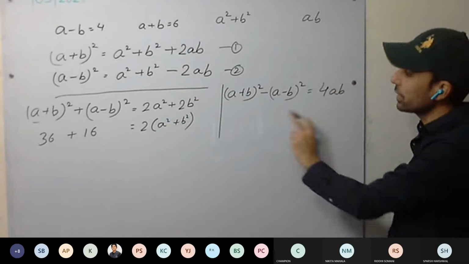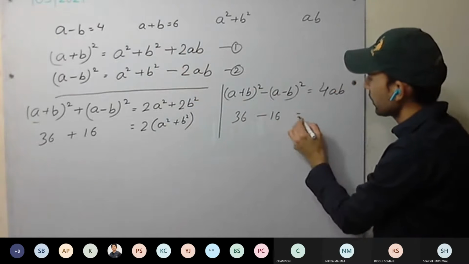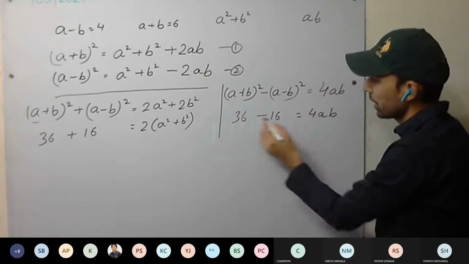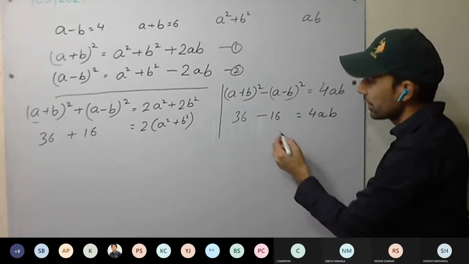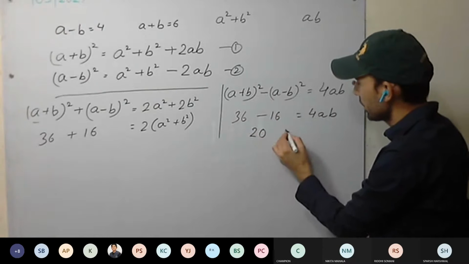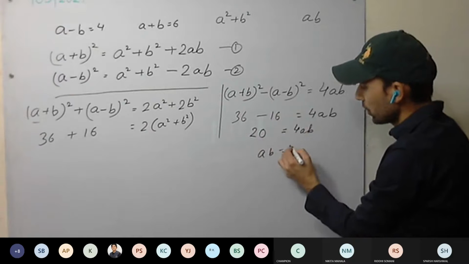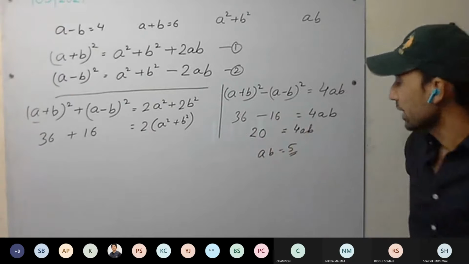Okay, ab we can calculate. A plus b whole square is 36, minus 16 equal to 4ab. How much are we going to get? 20. 4ab equal to 20. ab equal to 5. Is this the answer?